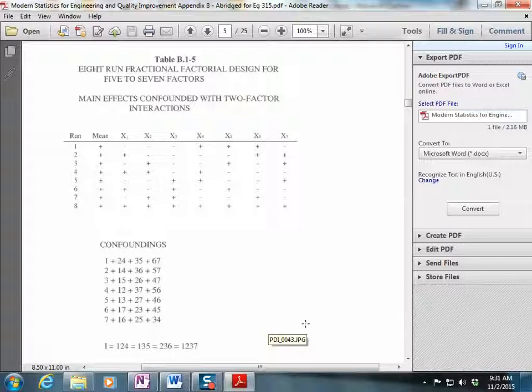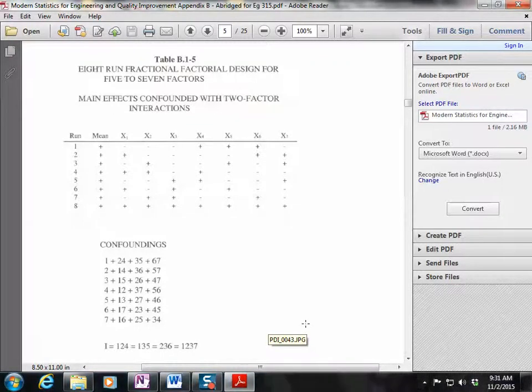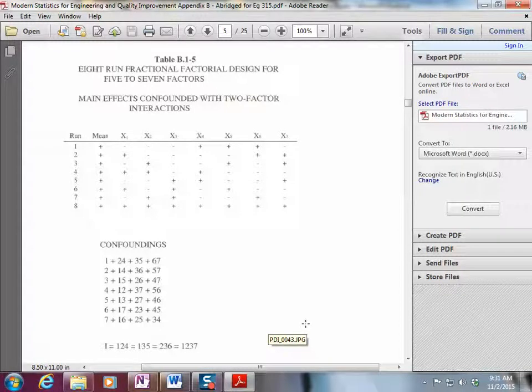So you can do this a couple ways to figure out how the factors were added. Make sure to work in groups, talk to people around you.